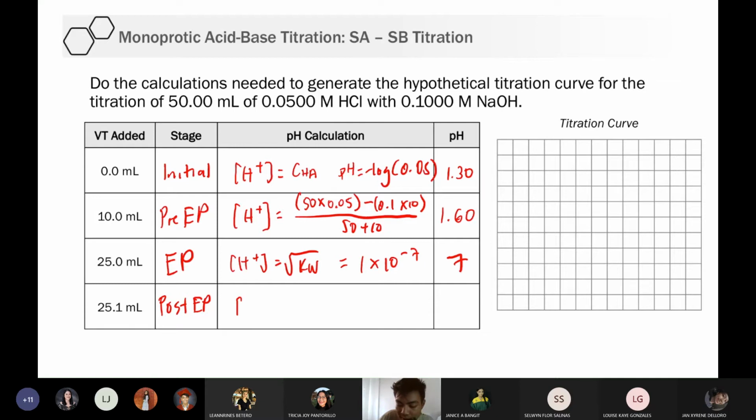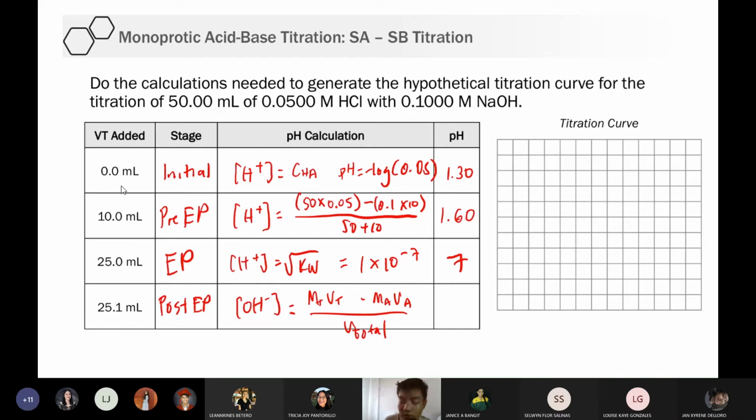So, to solve for the excess base, that is the mole base minus mole acid divided by the total volume. Remember that your base is the titrant. So, let me replace this as MTVT. And remember that your acid is the analyte. So I will replace this as MAVA. So the formula is MTVT minus MAVA all over volume total.